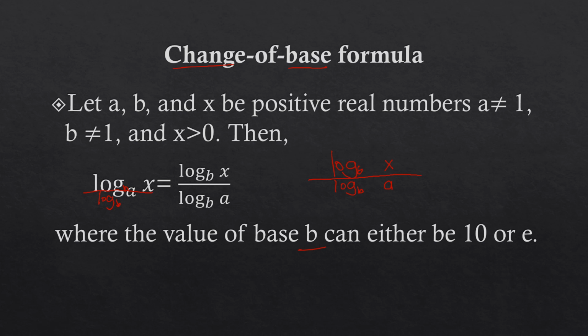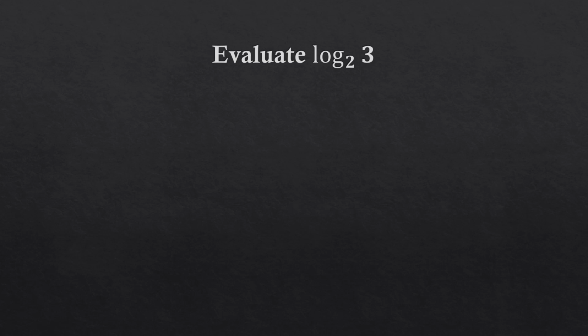So let's try this out. Evaluate log of 3 to the base of 2. So again, we have log of 3 to the base of 2. As I'm saying, when you apply the change of base, you just slice it up and then insert log here. So that will be log of 3 over log of 2. How do we get the value of this?